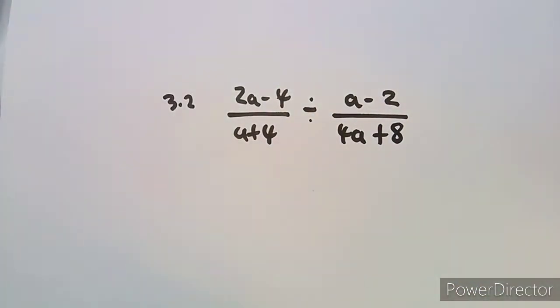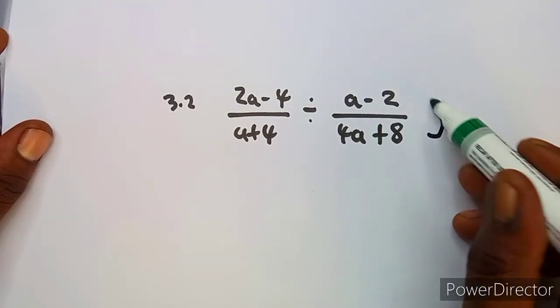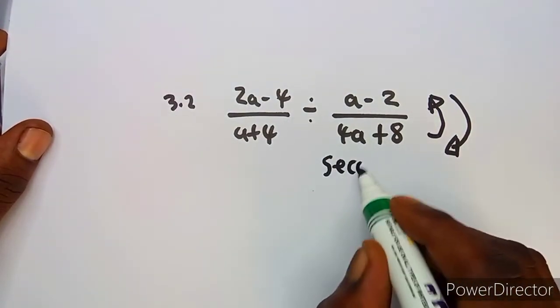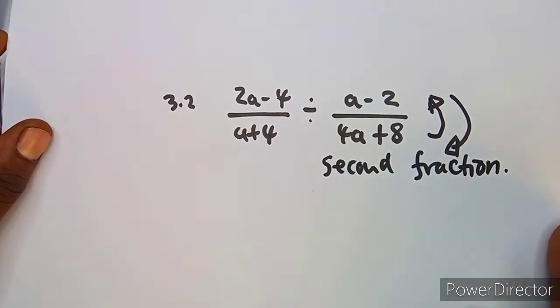Guys, when you are dividing fractions like that, it is best for you to introduce multiplication before you do your factorization. Before you forget about that, introduce multiplication. The moment you introduce multiplication, you invert the second fraction, not the first.